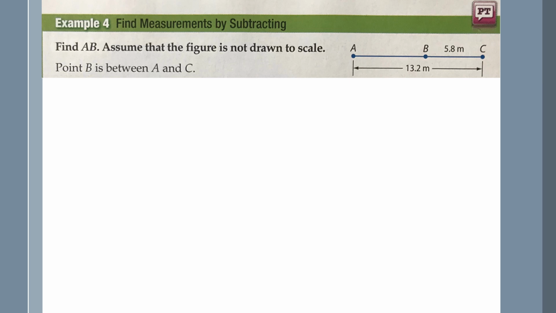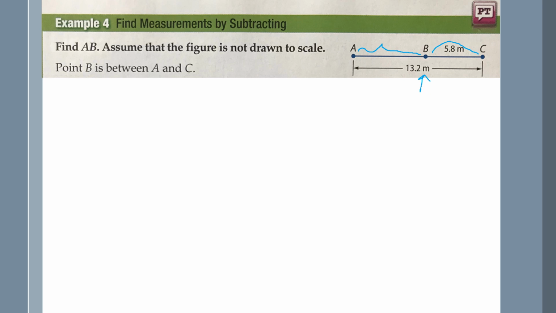So we're going to take a look at this. Remember, we know that this length here, if I can find where it is, this length here plus this length here is equal to this length right here.